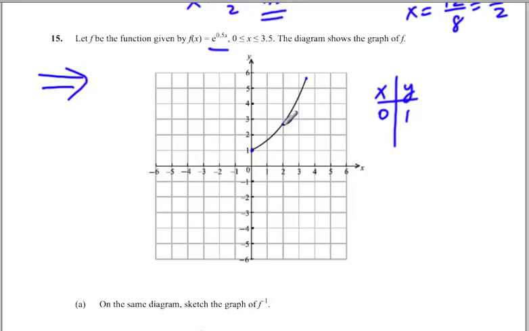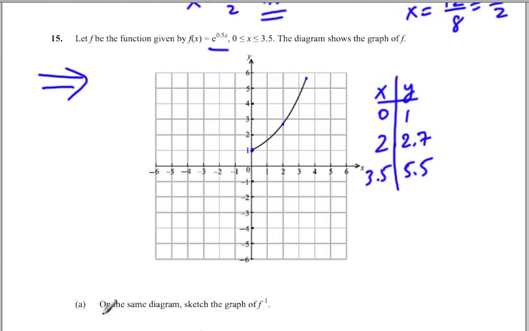This point right here is roughly 2, 2.7. And the last one is 3.5 by, say, 5.5, roughly speaking. So it's 3.5 by 5.5.